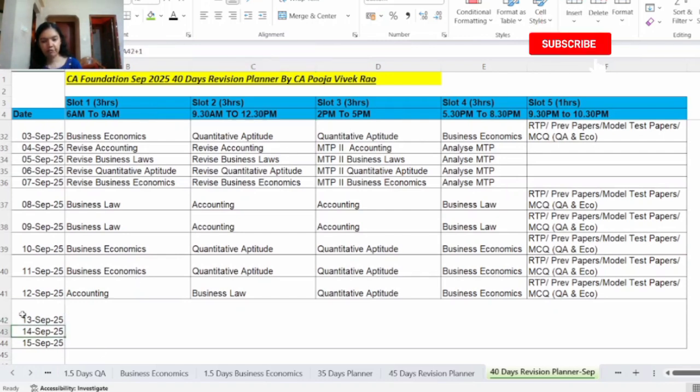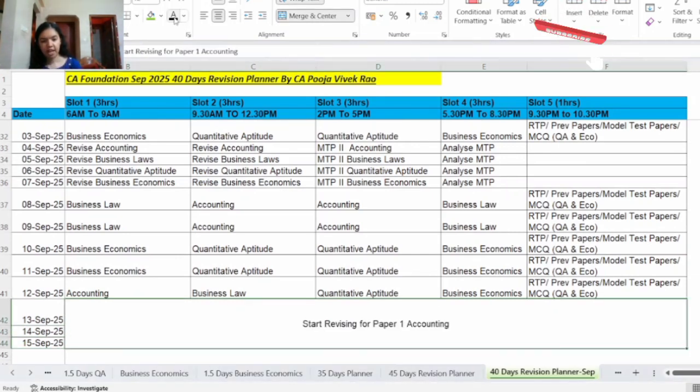Then 13th, 14th and 15th, only the last 3 days will be left now. So these last 3 days, we have entirely kept to revise paper 1, accounting. So it is better to start studying early for paper 1, because the more confident we are for the first paper, and if the first paper goes well, then we will be confidently able to attempt the other papers.